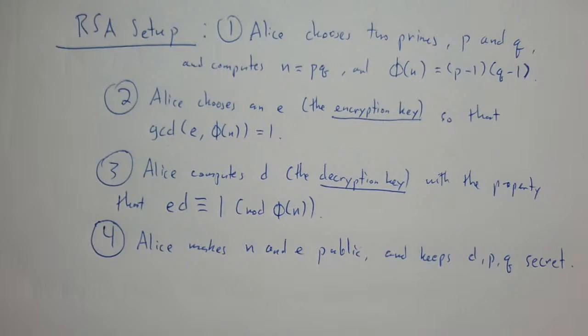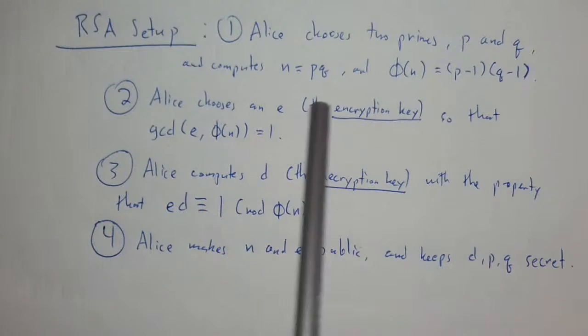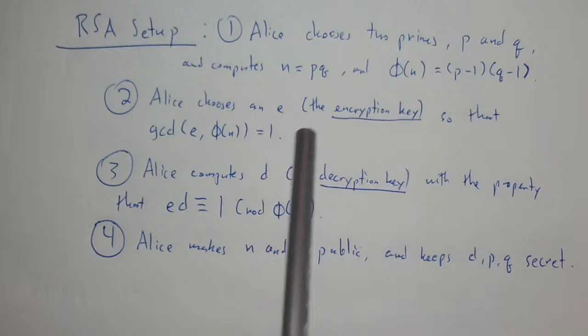As we'll see, and I'm going to sound a bit like a broken record because I'm going to repeat these things a lot, the reason why D, P, and Q need to be secret. So obviously, D is the decryption key, so knowing D alone is going to allow me to decrypt any message that I receive that uses the encryption key E, okay?